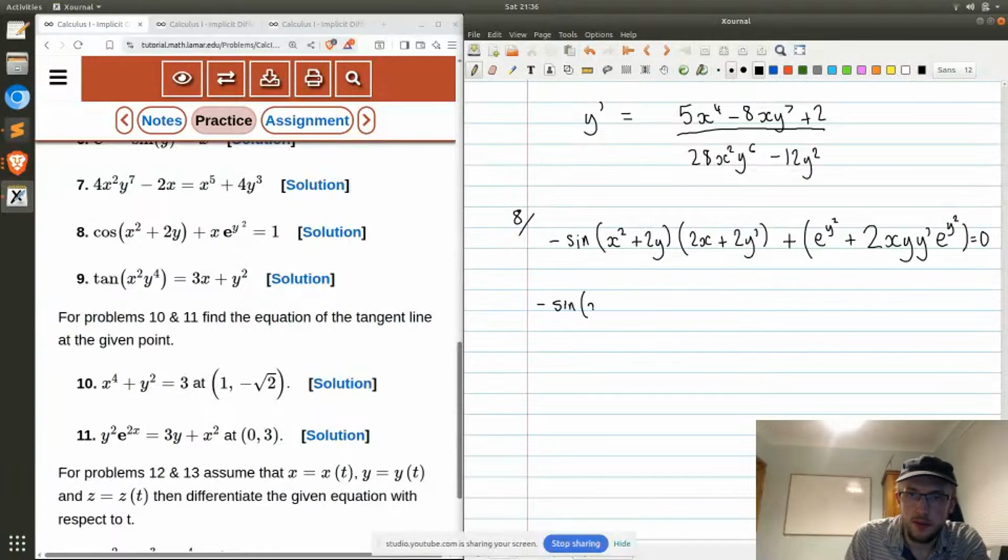Okay, so that is going to be on the left. And that will be on the right.